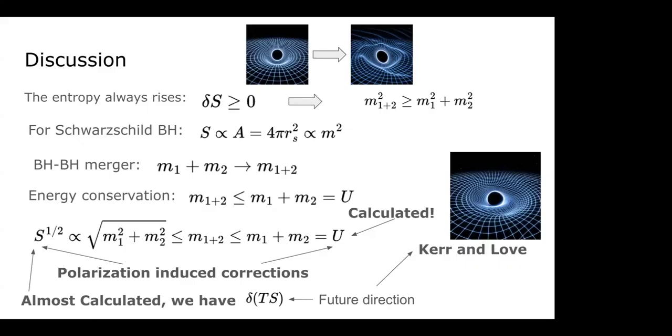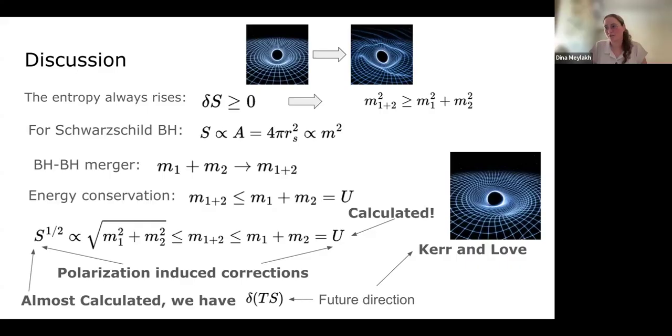So that's one comment. The other is a question. There are attempts already to follow the area law throughout the mergers, and I was wondering whether your calculation is relevant in such a context.